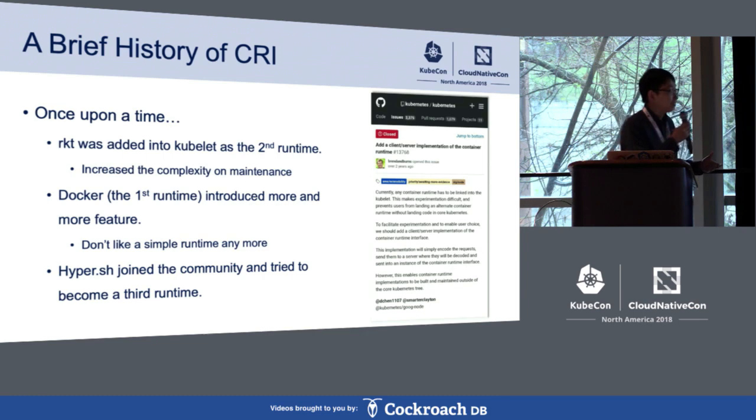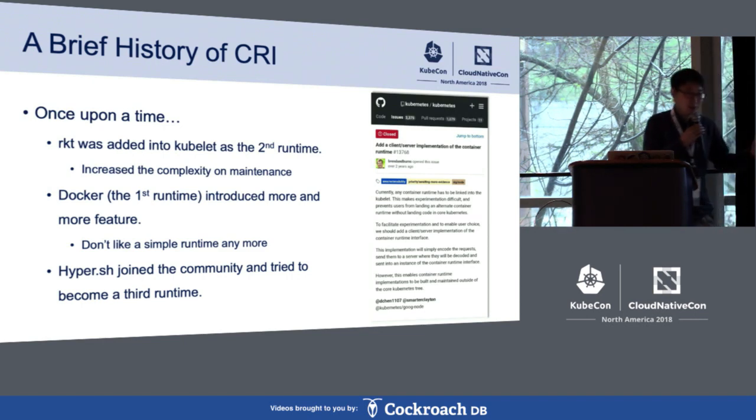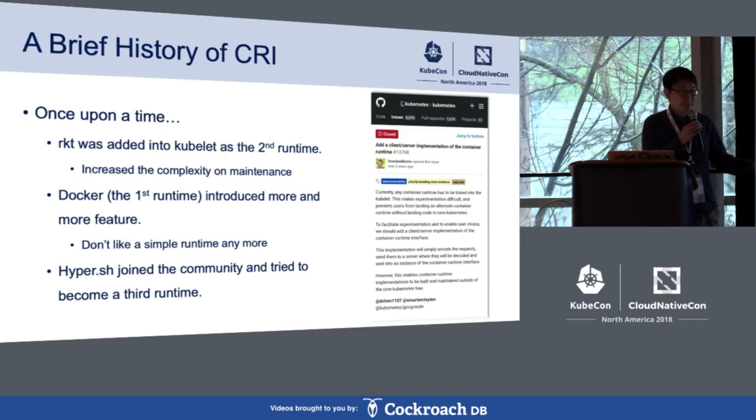And the story begins, I think, in 2015, when CoreOS had a project named Rocket, and for some reason, CoreOS tried to plug Rocket in as a Kubernetes default container runtime.